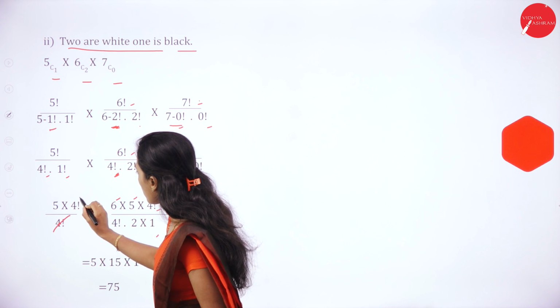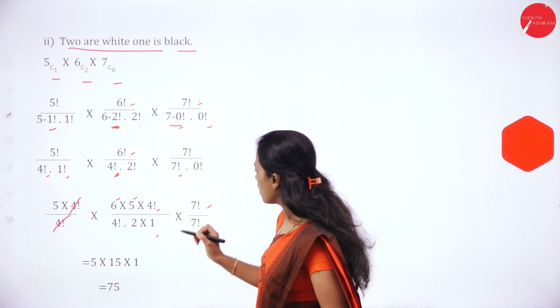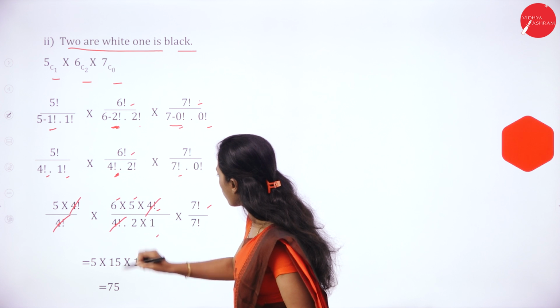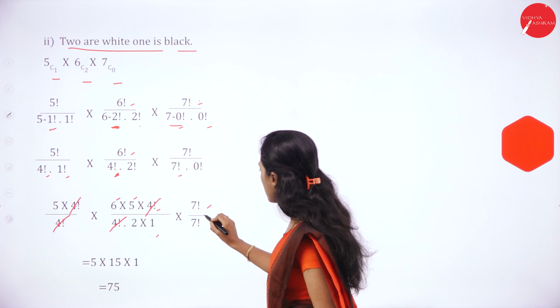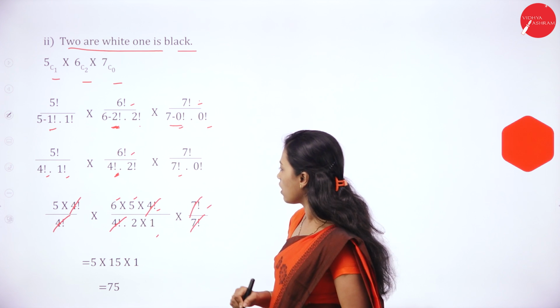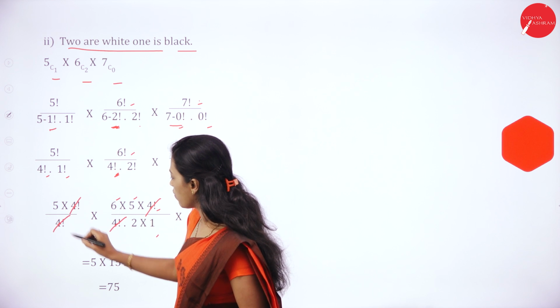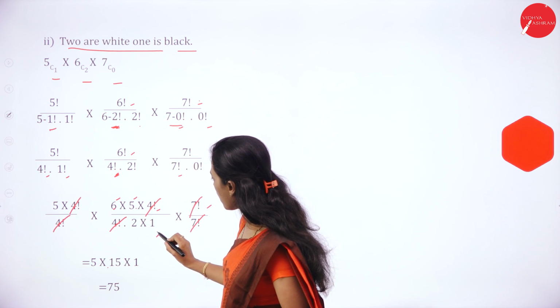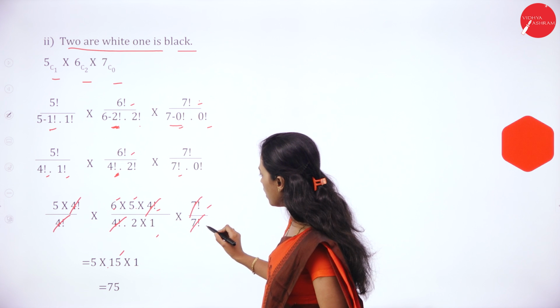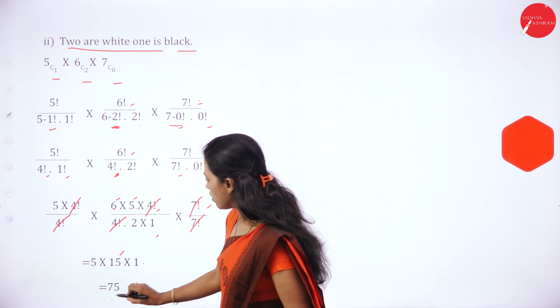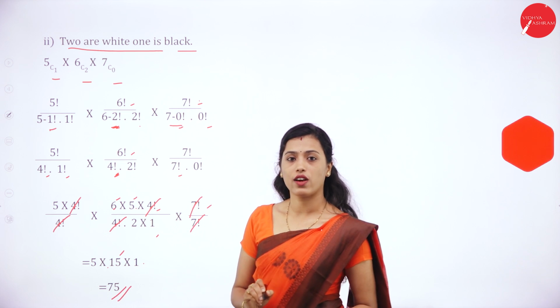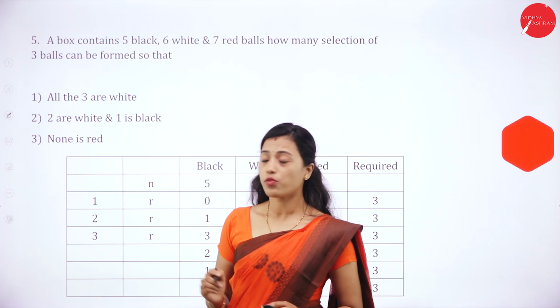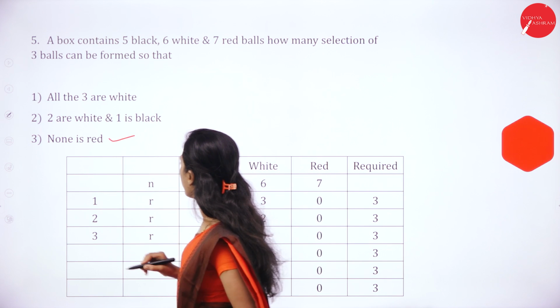So 4 factorial will get cancelled, 4 factorial will get cancelled, 7 factorial will get cancelled. Remaining will be 5 into 6 into 5 divided by 2 into 1, which is 15, so 5 into 15 is 75 ways.